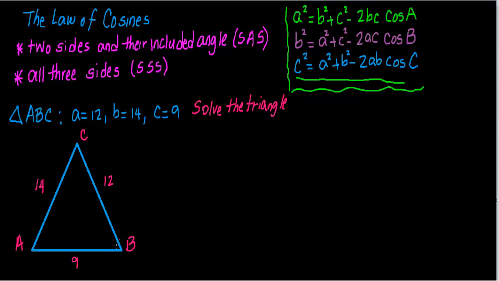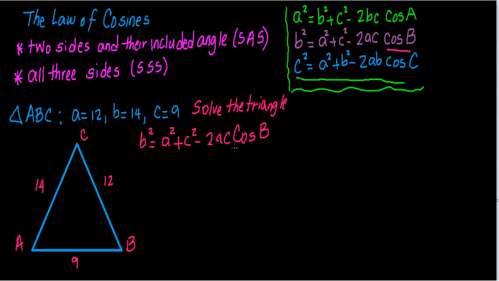Okay, so I'm going to look for angle B, and to do that we're going to need this one, which has cosine of B. So B squared is equal to A squared plus C squared minus 2 times A times C cosine of angle B.